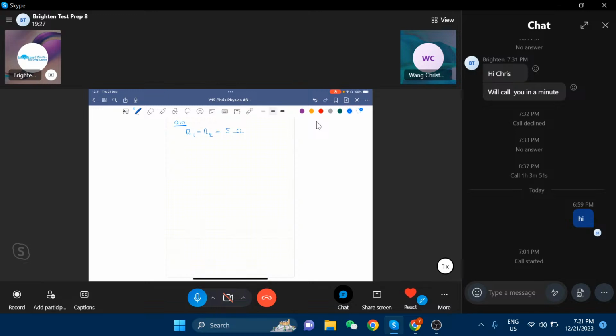And we have R3, which is 10 ohms. And we connect them in series. So what is the total resistance? 20. Yeah, exactly. Yep, straightforward.